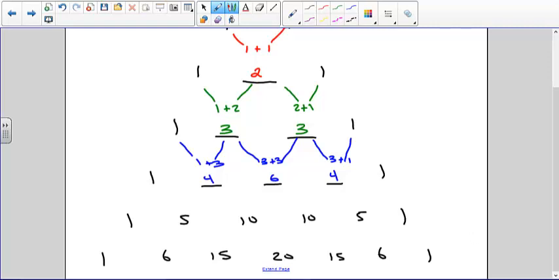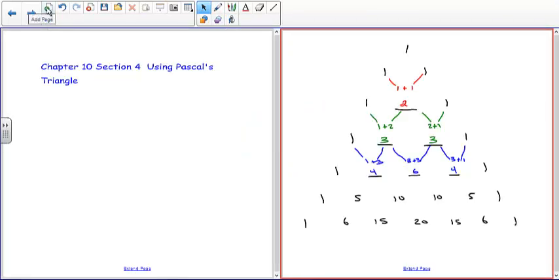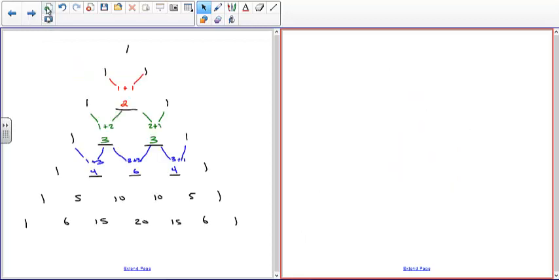So what does that have to do with what we're talking about? Well, if I drew a triangle like this, let me make sure I do this right.